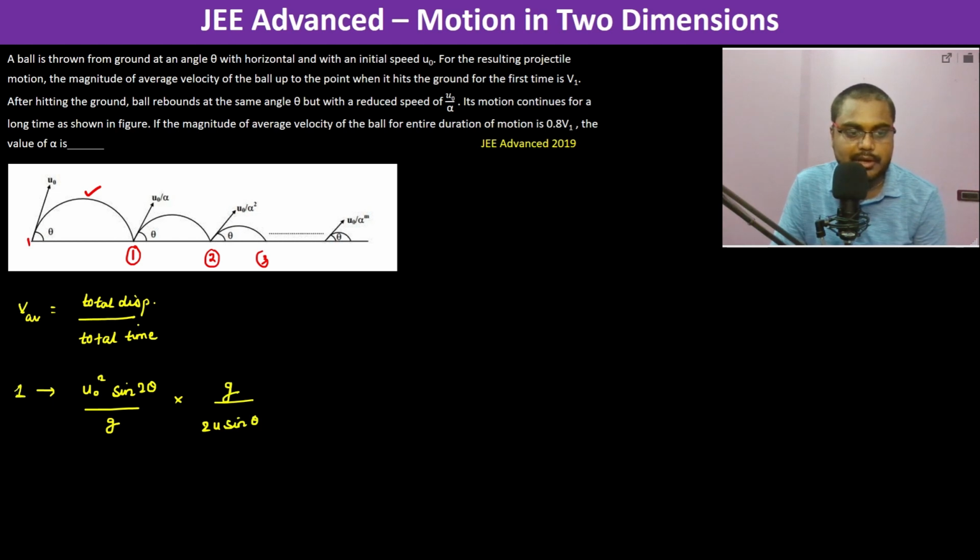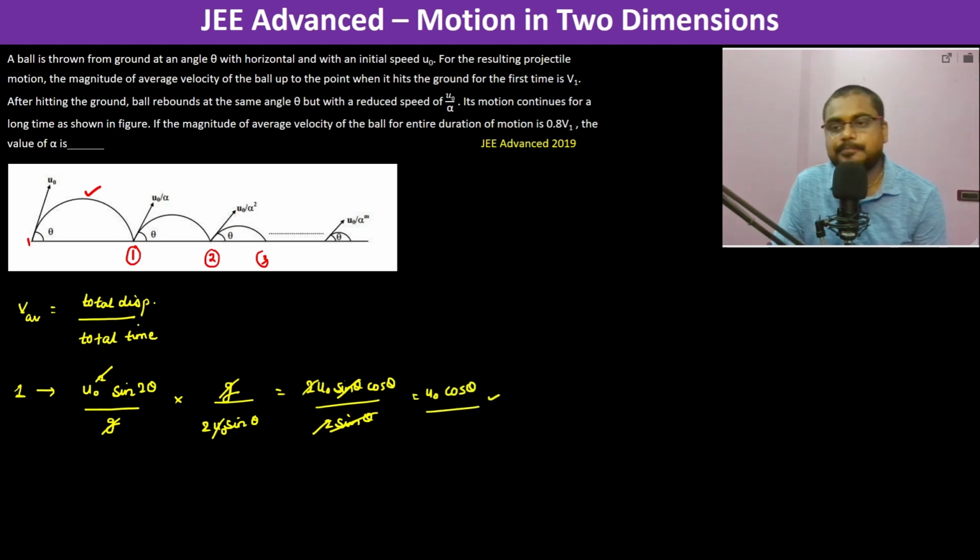Okay, so this is the average velocity, so g is gone, u0 is gone, so this becomes 2u0 sine theta cos theta divided by 2 sine theta, so basically this is u0 cos theta. Now this is for the first one, so for the second one it's going to be u0 by alpha cos theta. This is the average velocity.